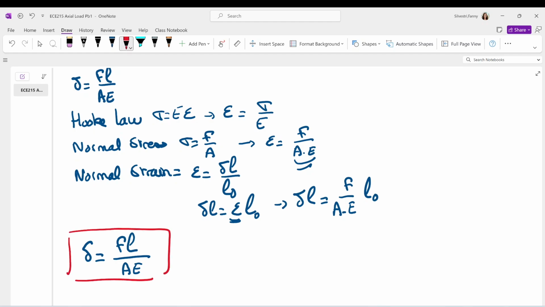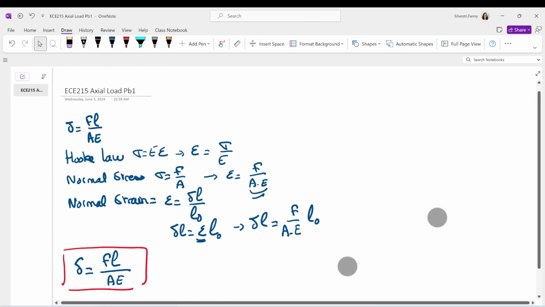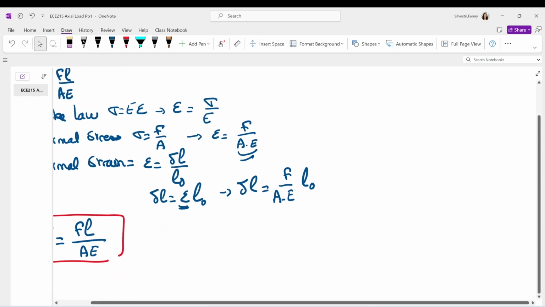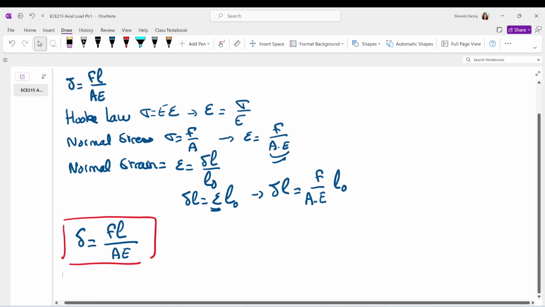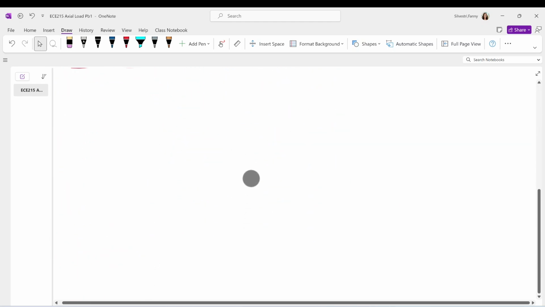Let's now apply this formula to a simple example. I keep making it bigger and bigger because it's hard to move up and down. Let me go down. So we will do a little example.